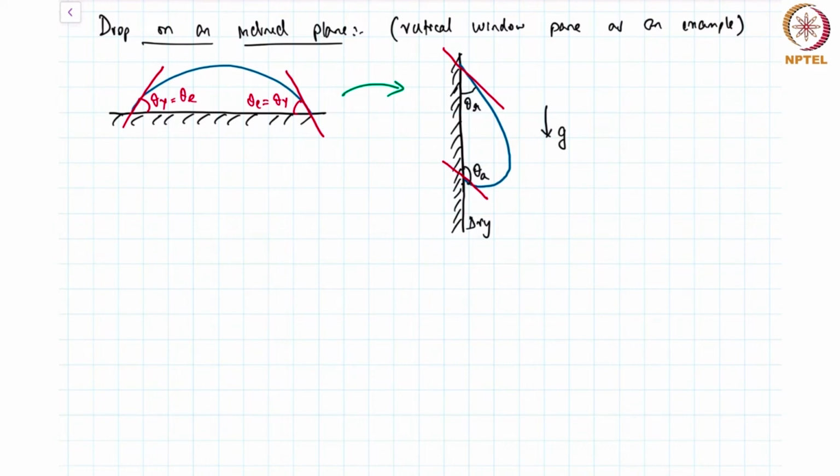Essentially, this portion of the interface which I'm highlighting with green is the advancing front, in other words, it is advancing into the dry region. And this one is the receding front.